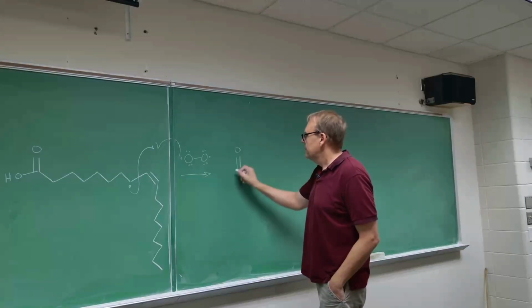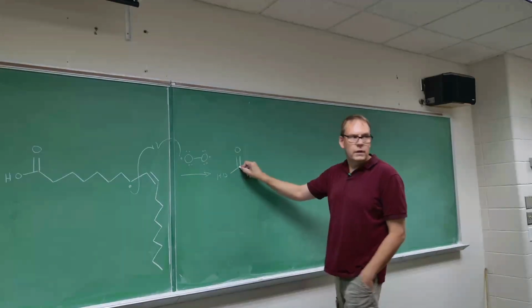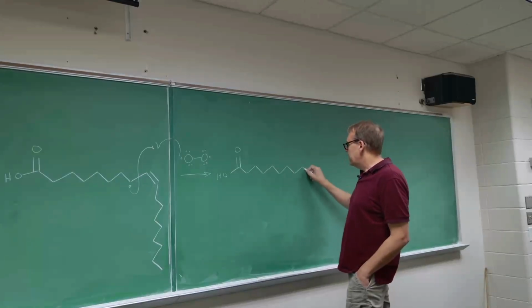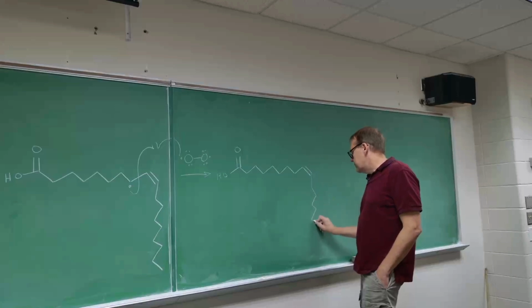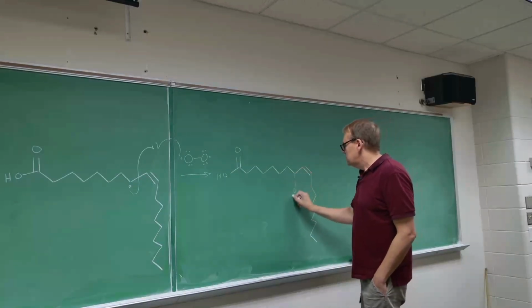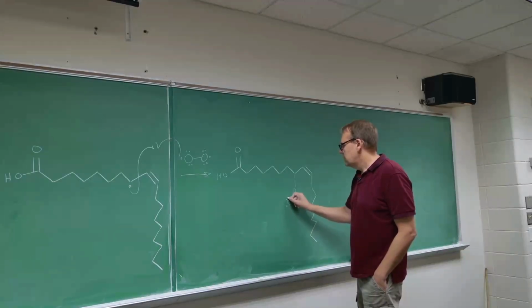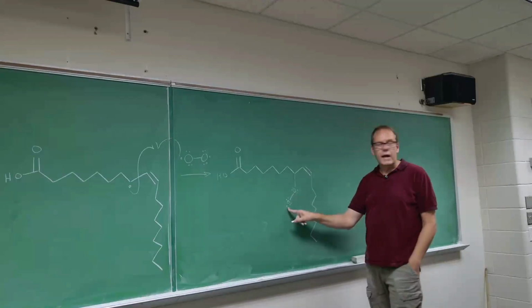And that gives a new radical that looks like this. There's carbon 1, 2, 3, 4, 5, 6, 7, 8, 9, and then 10, 11, 12, 13, 14, 15, 16, 17, 18. And we've got a new O dot here. So it's still a radical.